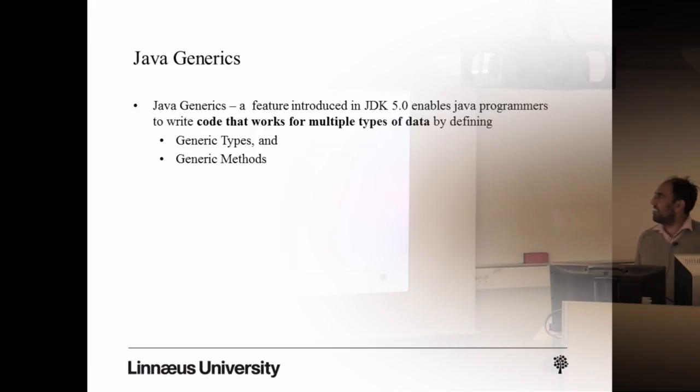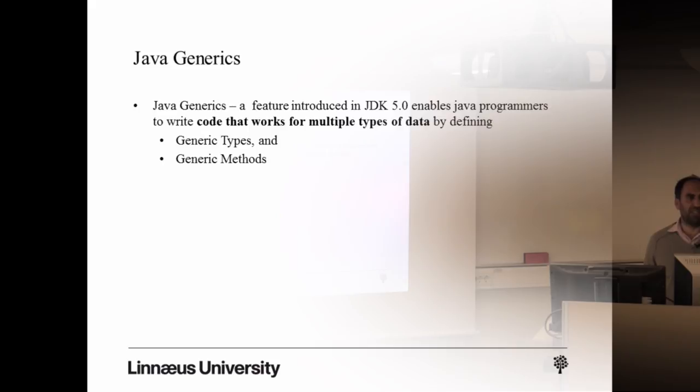Java generics is a feature that was introduced in JDK 5, so from Java 5 onward. And what's important about Java generics is that it enables you as a programmer to write code that may work for multiple types of data. And we will see how we can write a code or an algorithm or a method that we can use to work with multiple types of data.